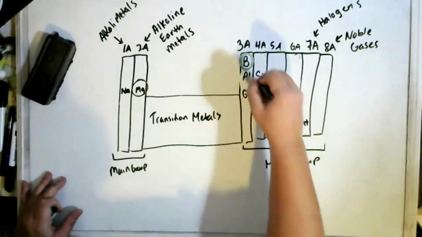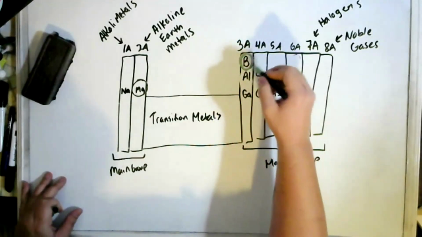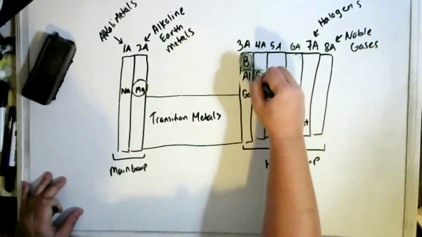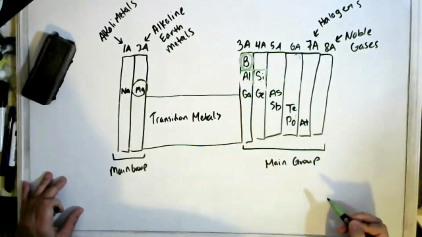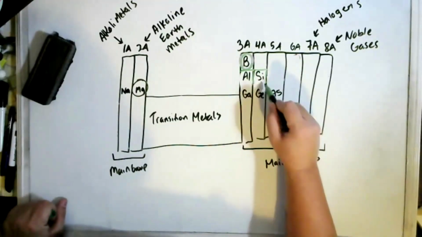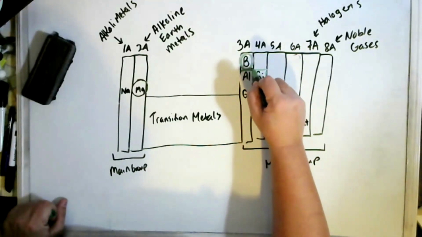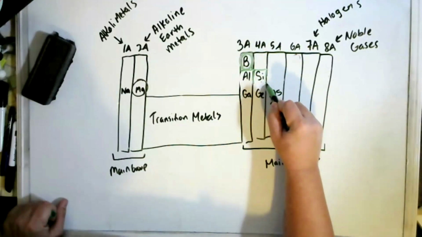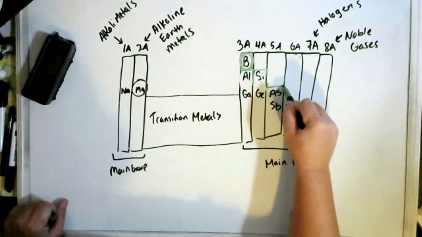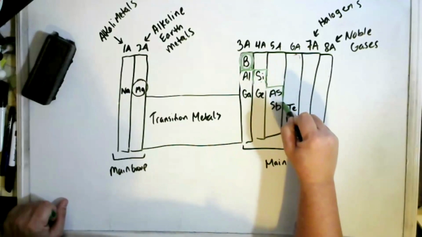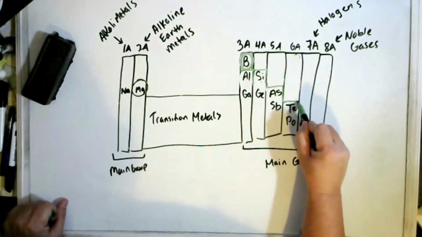And then you're going to draw your staircase. Okay, so your staircase is going to include silicon. So boron's included and silicon's included. And then your staircase is going to branch out and include arsenic. And it's going to include tellurium.